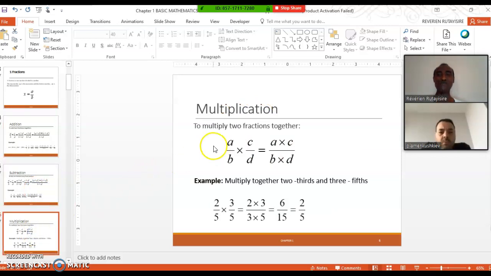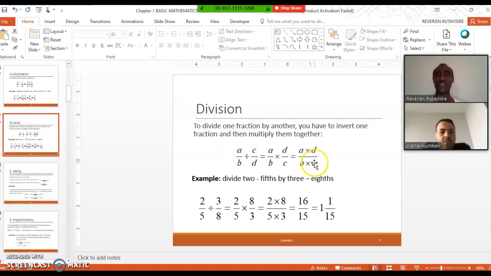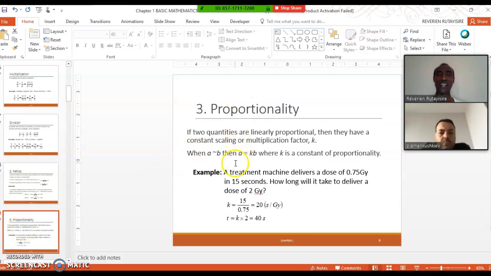You can also multiply two fractions, and you can also divide two fractions. And sometimes we have to tell them how they can recognize ratios and how they can recognize proportionalities.